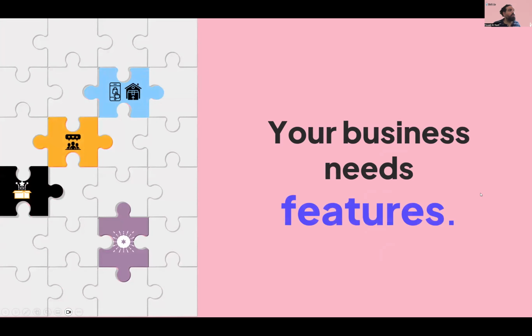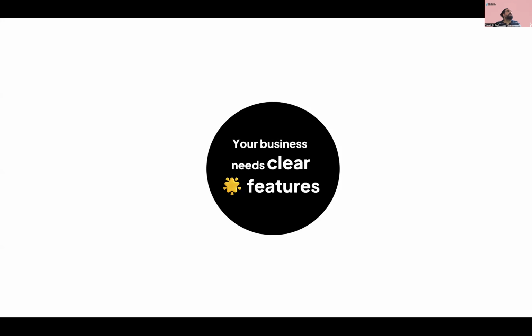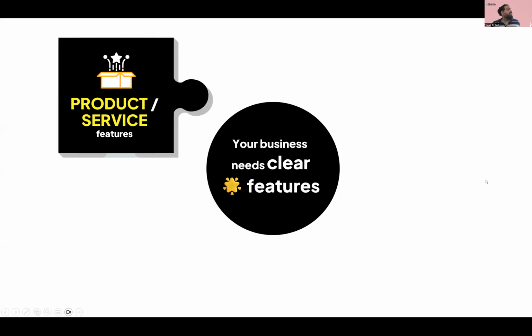So, as you know, we said your business needs features. In order to have clear features and stand out from your competitors, there are several types of features. The first one is your product and service.